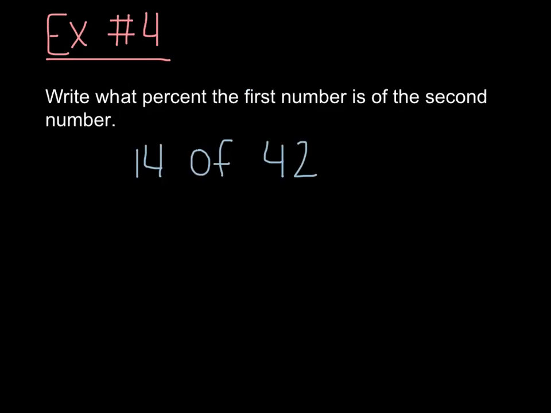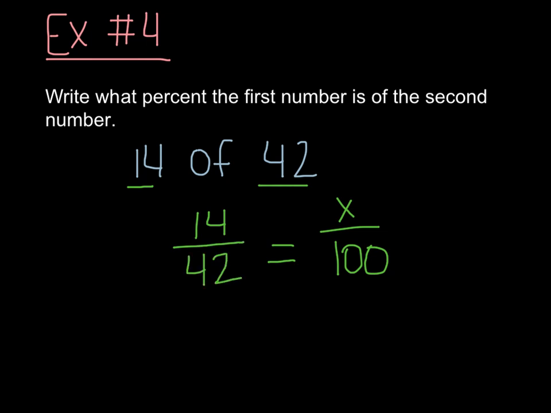Example 4. We're doing the same thing, but this time we don't have a percent again. So it's going to have to be x over 100 because we don't know what percent. And we have 14 of 42. So 14 is the part and 42 is the whole.